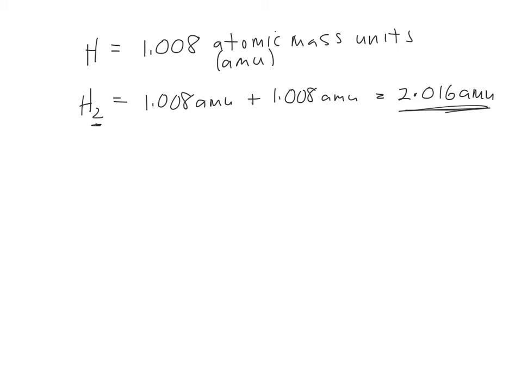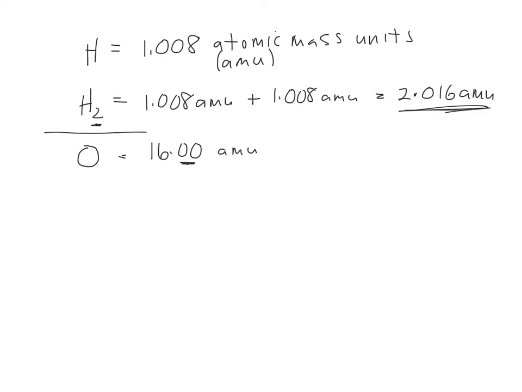Okay. We can do something similar if I have a molecule that is made up of oxygen. Well, oxygen has an atomic mass of 16.00 AMU. And it's always best to use at least two places to the right of the decimal point.